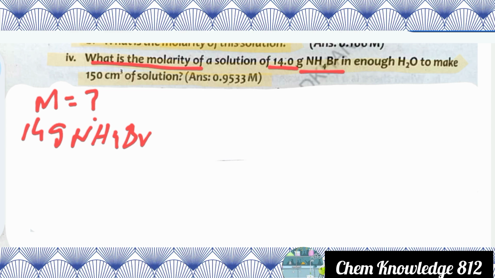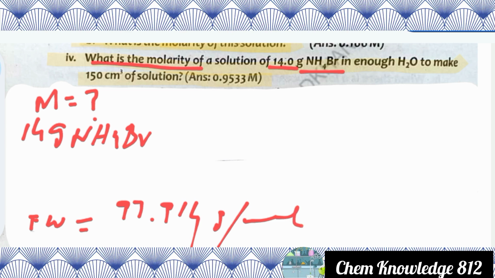and we know that the formula weight of ammonium bromide will be, sorry, equal to 97.914 gram per mole.